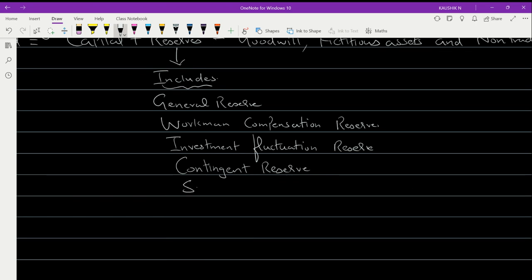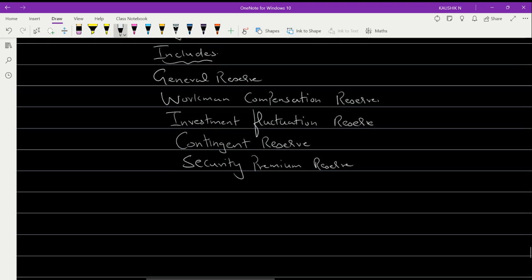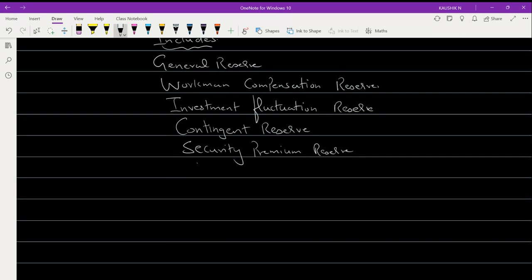Then there is security premium reserve. Then there is a reserve called capital reserve, and then another reserve by the name capital redemption reserve.